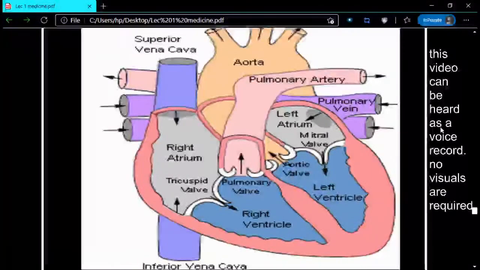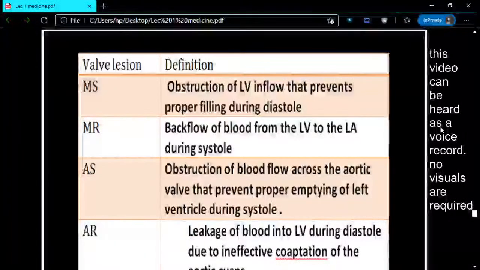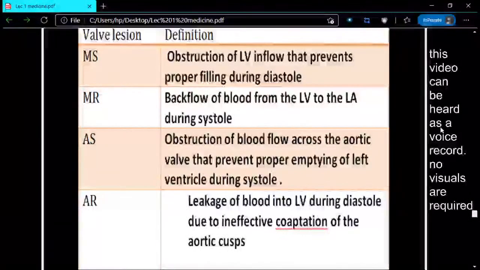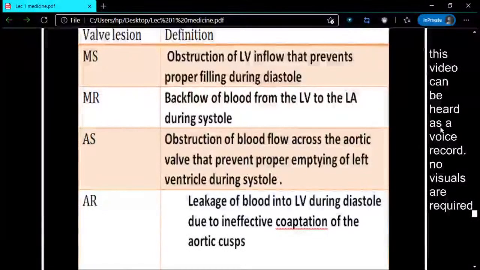As you can see in this picture, in this scale sheet, we can see valve lesions and their definitions. MS, MR, AS, and AR.